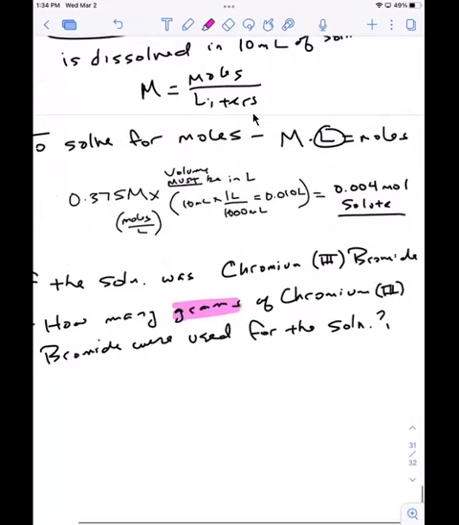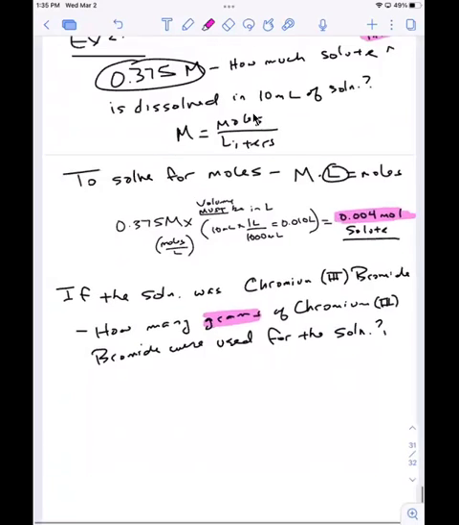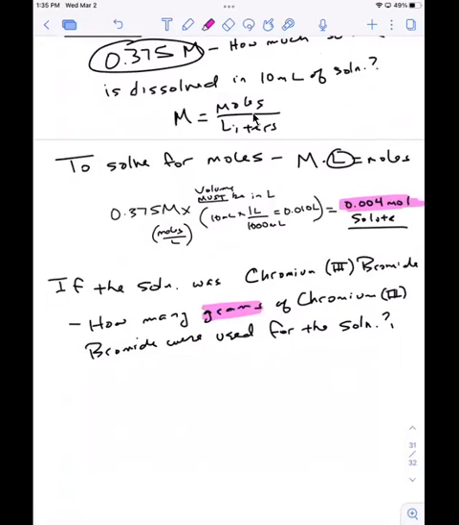We have moles. The moles we just solved for. What relationship can we exploit to find out the number of grams if we have the number of moles already? Is it molar mass? Molar mass.